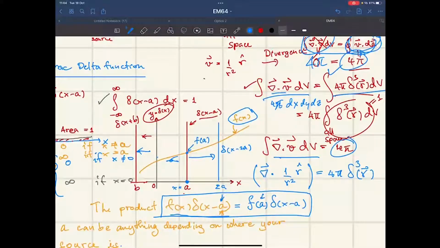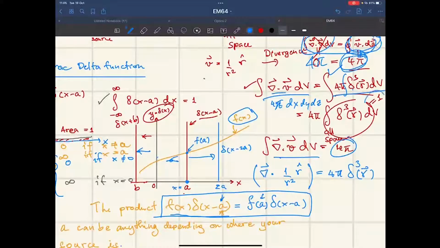Right? You get 0 also, not infinity. So to make it equal to 4 pi here, you have to put the Dirac delta function, because we know that the integration of the Dirac delta function from minus infinity to infinity is always 1.